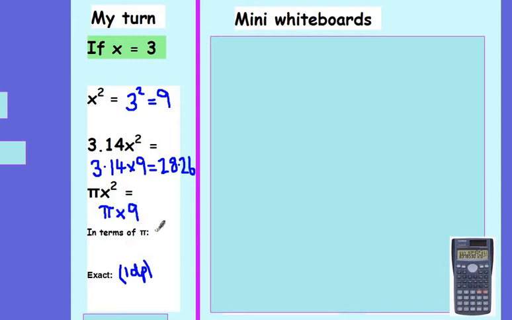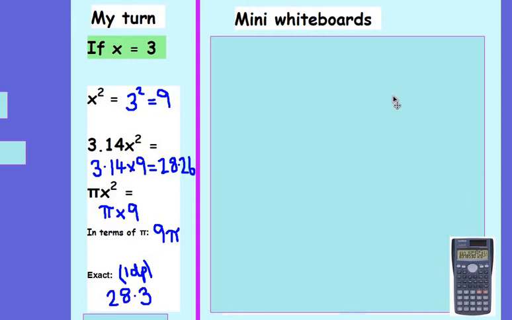So in terms of pi, I can just write that as 9 lots of pi. If I want it as an exact term, I need to type into my calculator 9 times pi, which gives me 28.3 to one decimal place.